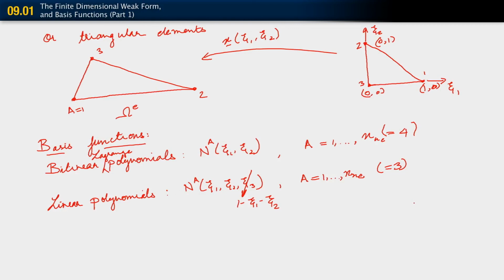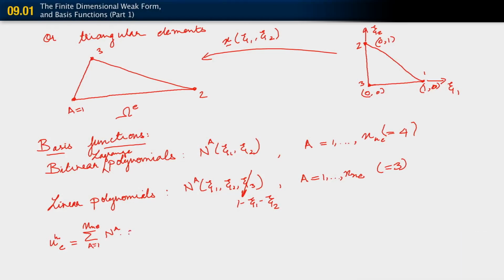All right, so this is what we have, and with this we go ahead and of course construct our finite dimensional functions. So we would go ahead and write UH over E as the sum over the number of nodes in the element of NA times DAE. I'm not going to write the parameters of NA because they could be different depending upon whether we are working with bilinear or linear polynomials, whether we're working with bilinear quads or with linear triangles.